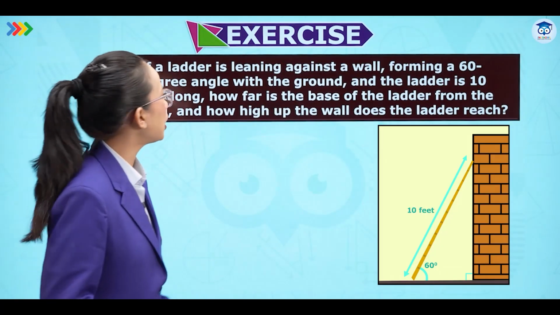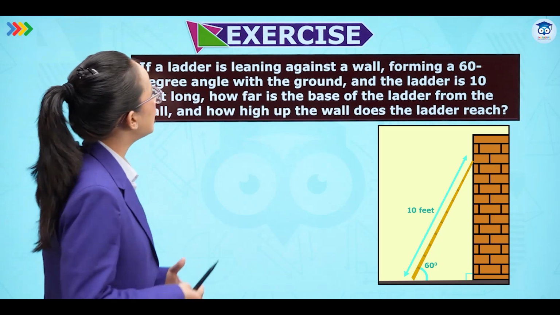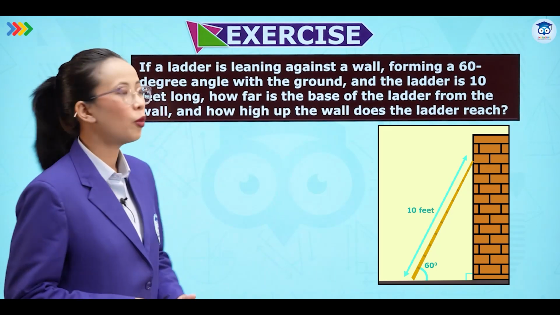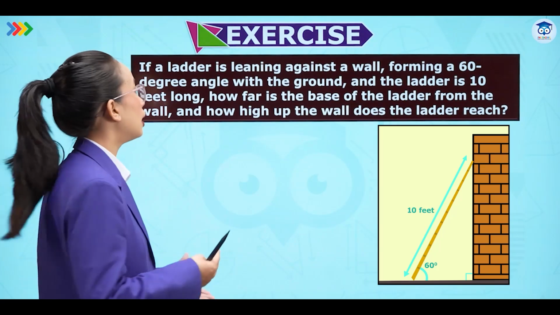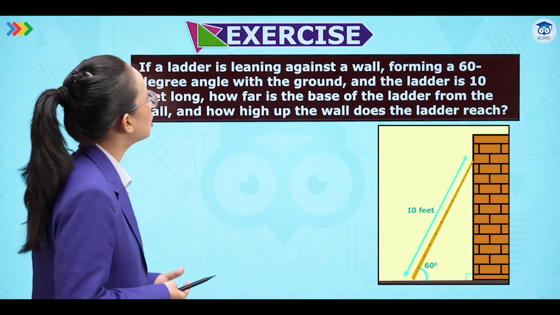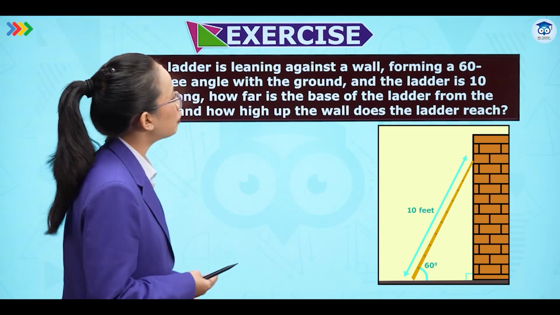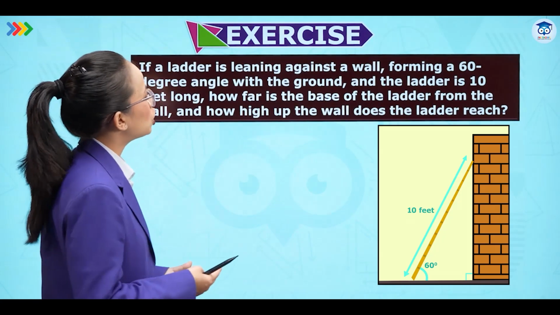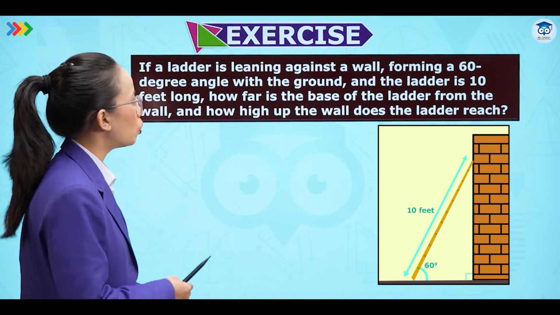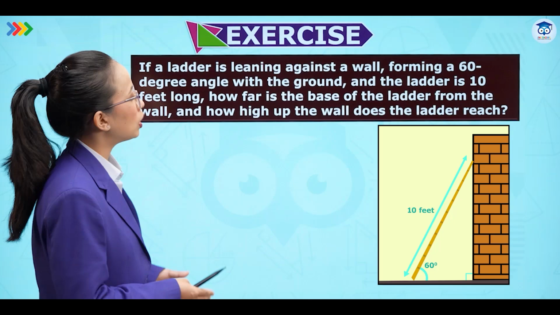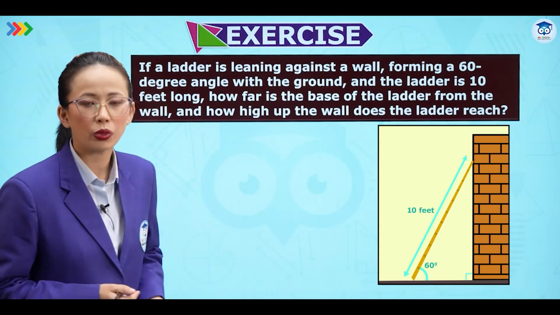Like this, we can calculate it using the trigonometric ratio. So next we have, if a ladder is leaning against a wall, forming angle 60 degree with the ground, and the ladder is of suppose 10 feet long, then we are going to find the distance between the ladder and the wall, and also how high up the wall the ladder reaches, that we are going to calculate.